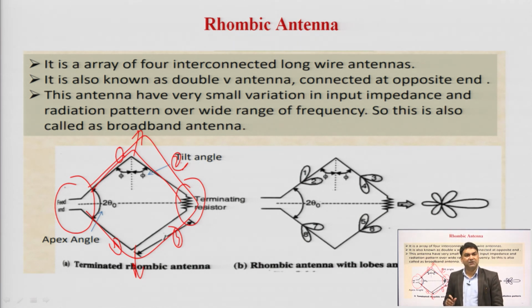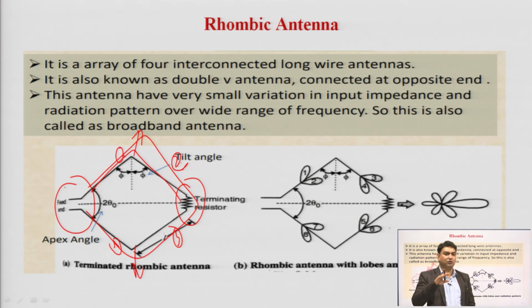Finally, we can say the radiation pattern of a rhombic antenna is a combination of all those 4 directional long wires, because the orientation and direction of these 4 wires are different. The combination of the radiation patterns of all those 4 wires results in the radiation pattern of the complete rhombic antenna.